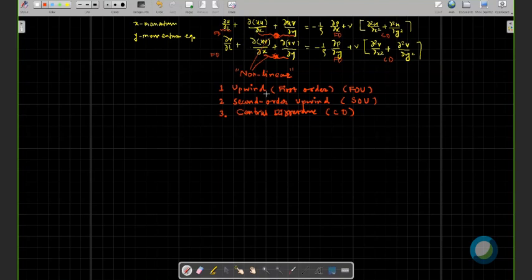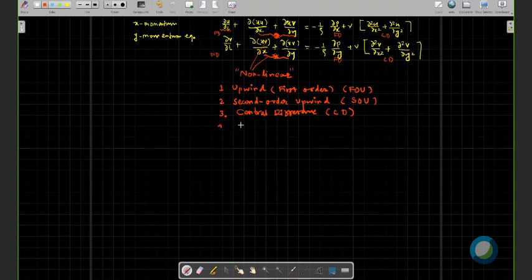But for normal cases, laminar and some other turbulent flows with other models, these nonlinear terms are never discretized using the central difference method, because it makes them unconditionally unstable.